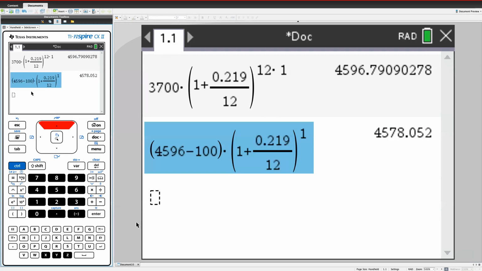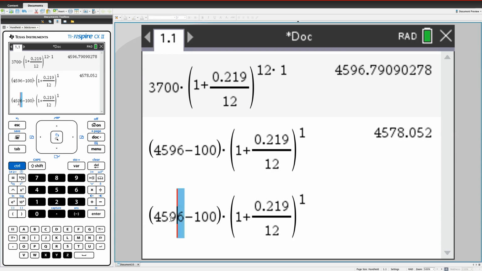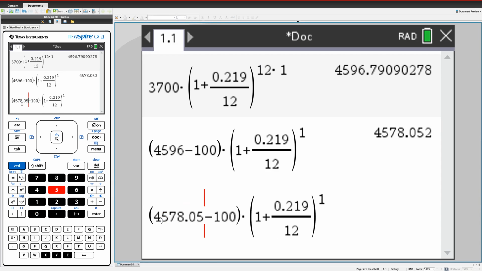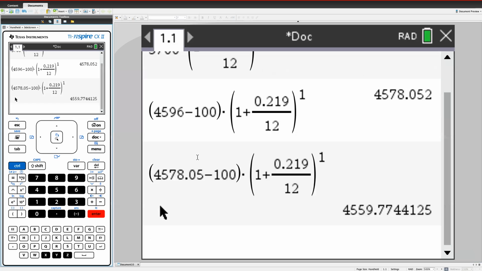Now copy this again, but this time change the 4,596 to the new balance, which is 4,578.05. That's our new balance. We pay $100 on it, but the rest of it compounds. That 1 means I'm only compounding for 1 month. So this is now month 2. That was January, this is February. Now we paid $200.